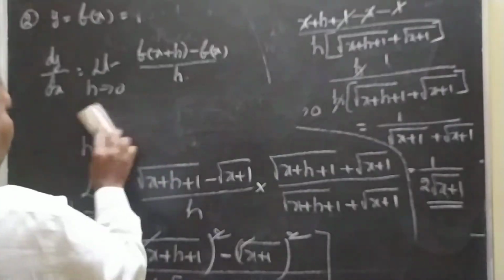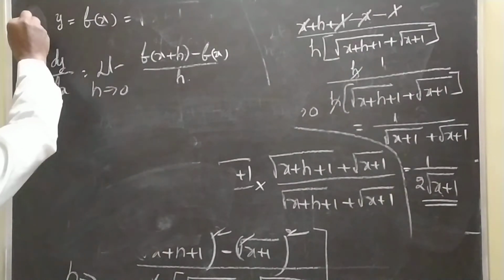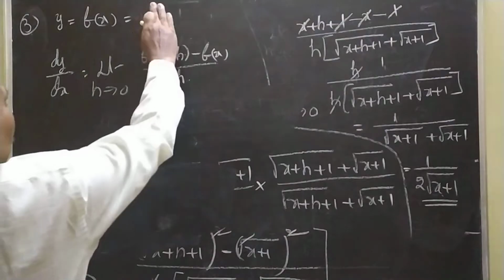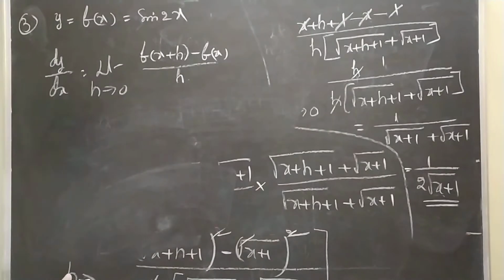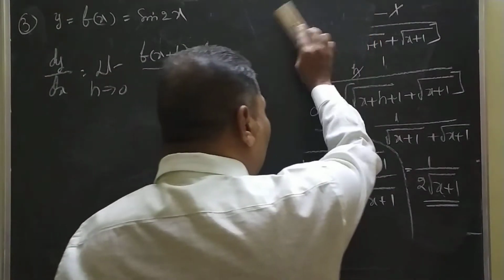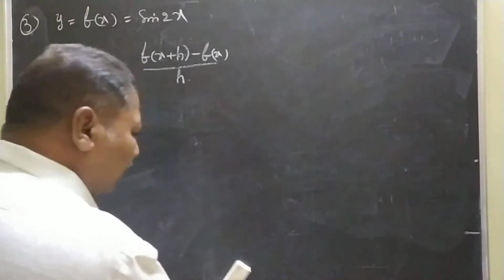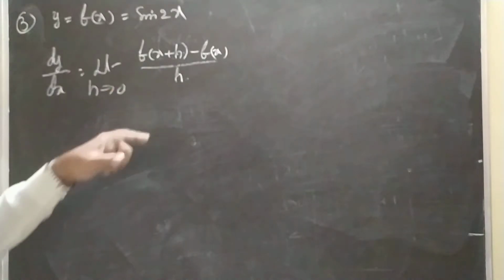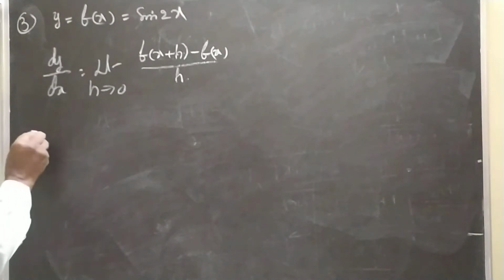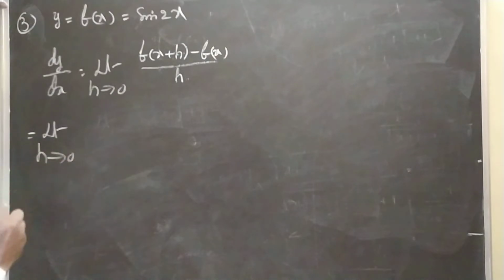Next, third problem. y equal to f of x equal to sin 2x. By first principle, f of x plus h minus f of x by h. So this equals limit h tends to 0.